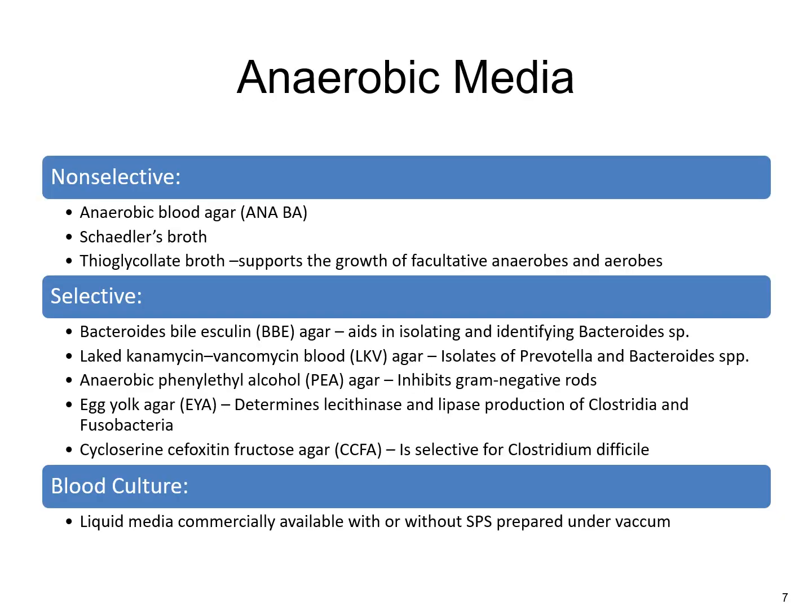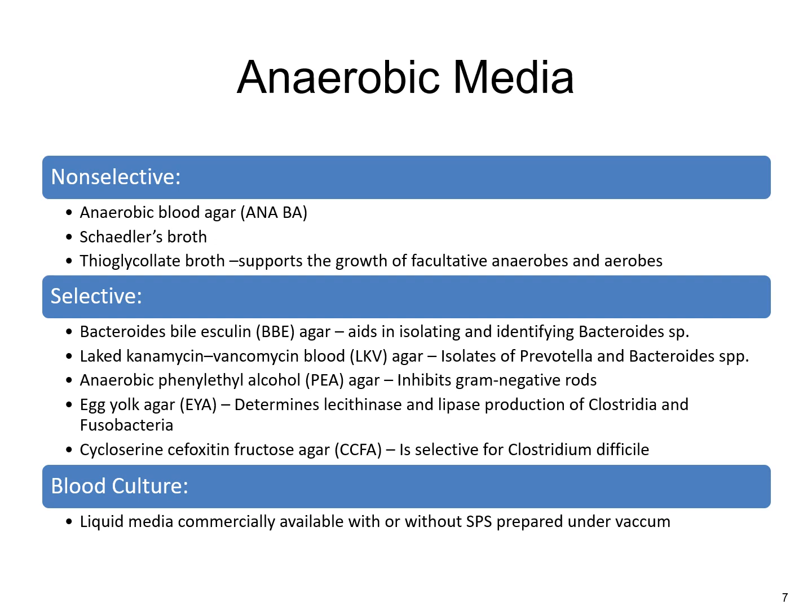There are several different types of media that are used for your anaerobic culture, so it can include blood agar. Your BBE agar is specific for your Bacteroides, so it helps to isolate that organism, as well as look for that colony blackening characteristic that it presents with.